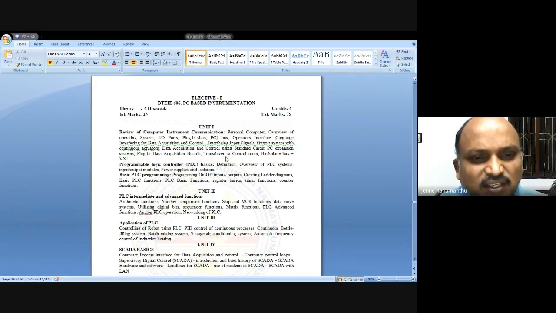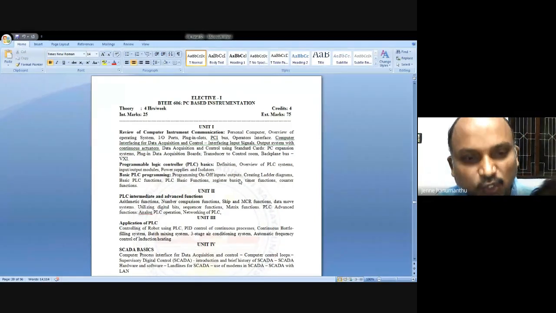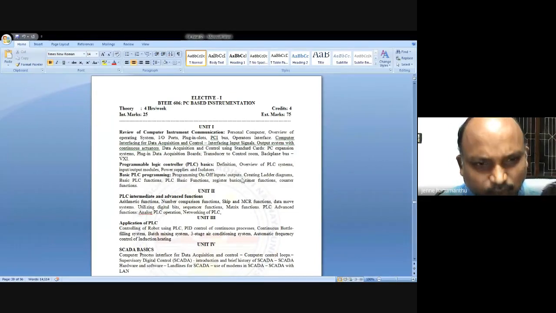What is addressing, what is data, like this. So these are all covered in unit 1, about 50% of the syllabus. The remaining half of unit 1 starts with programmable logic controllers. Programmable logic controllers, right?